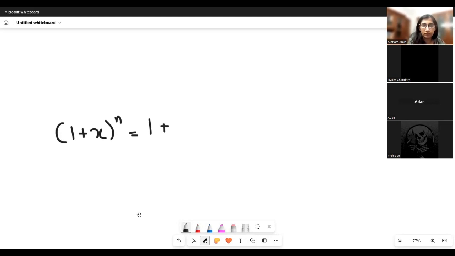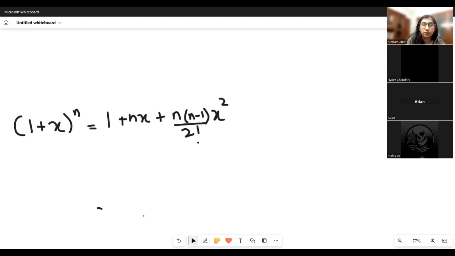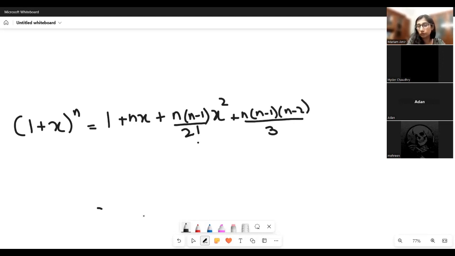So the next term is nx. Then the next term is n times (n minus 1) divided by 2 factorial, because these are two terms, n and n minus 1, and then you write x squared. Next term similarly would be n times (n minus 1) times (n minus 2) upon, these are 3 terms, so 3 factorial, and then because of that, x cubed.